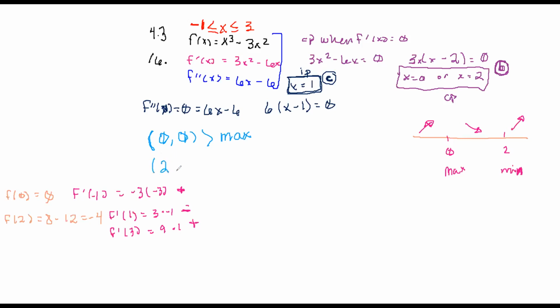And I know that at (2, -4), this is a min. I'm not done yet though, because I still have to figure out if there are global maxes or mins. So this is from my critical points. This next step, I have to figure out f, just plain f of -1 and just plain f of 3.